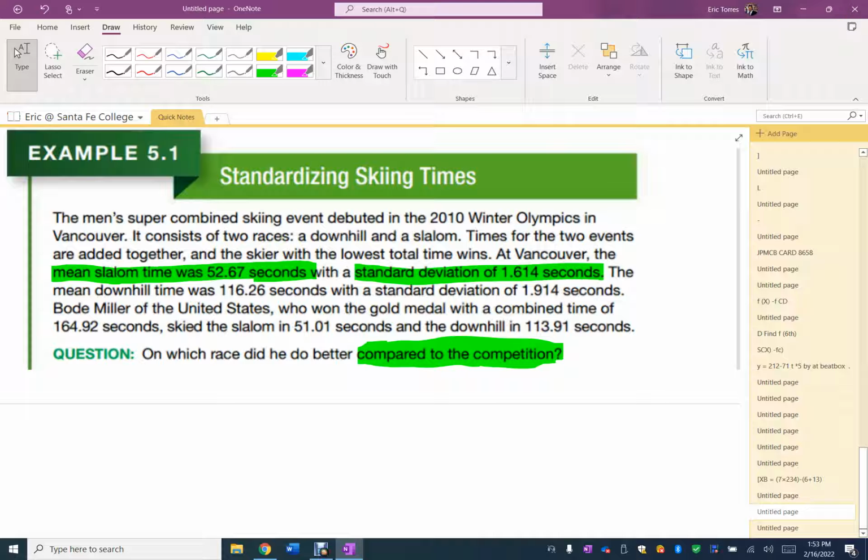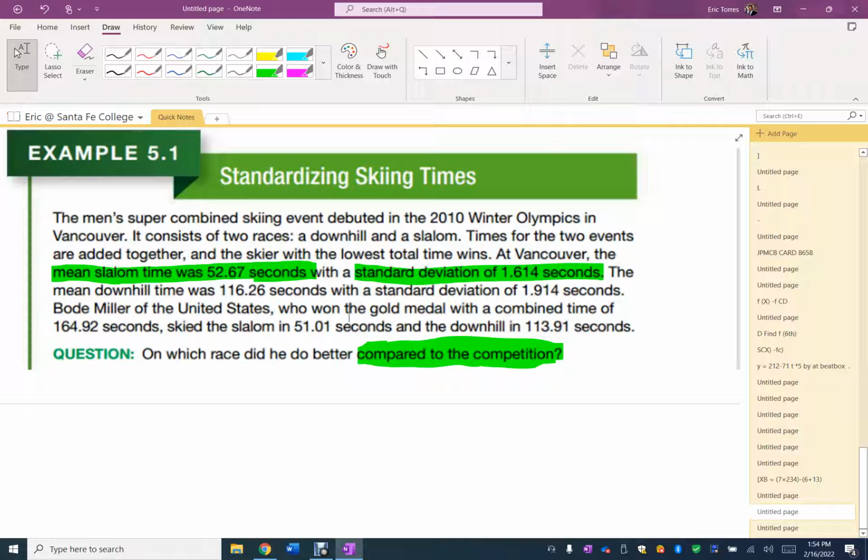That means basically, on average, the average person making that race did it in 52.67 seconds. However, the standard deviation explains how spread out that data is, with a standard deviation of 1.614 seconds.